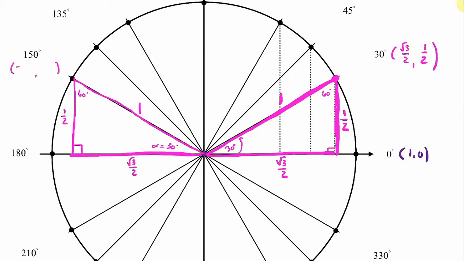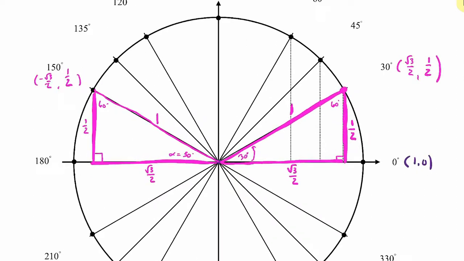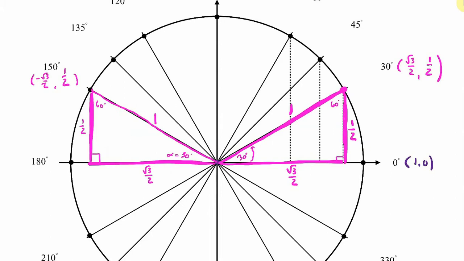So we would have for the x negative radical 3 over 2. And for y, we're going up 1/2 a unit, so the y value is 1/2. Notice the values at 30 and 150 are basically the same. They're more or less the same coordinates. It just accounts for what's positive and negative in which quadrant you're in.